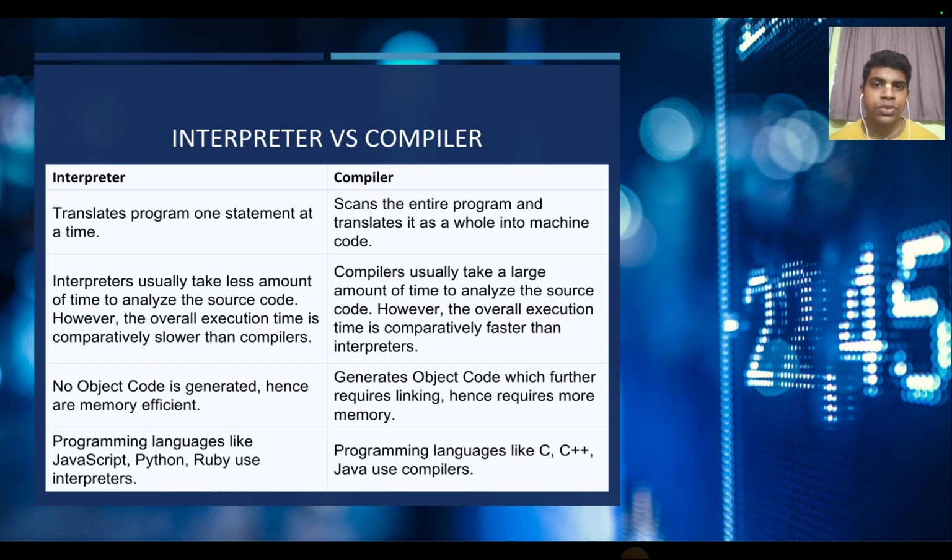Let us suppose there is a restaurant and there are two waiters, waiter number 1 and waiter number 2. Waiter number 1 will go to every customer, take their orders all at once, and then go to the cook and give the cook the orders.